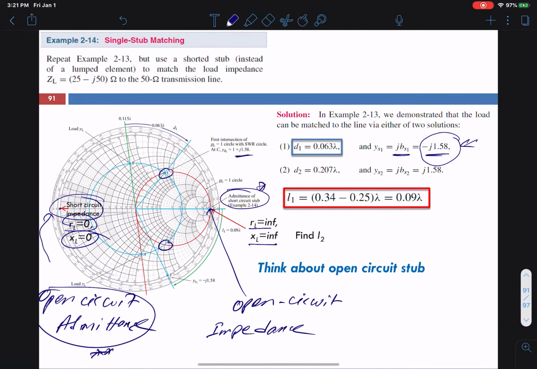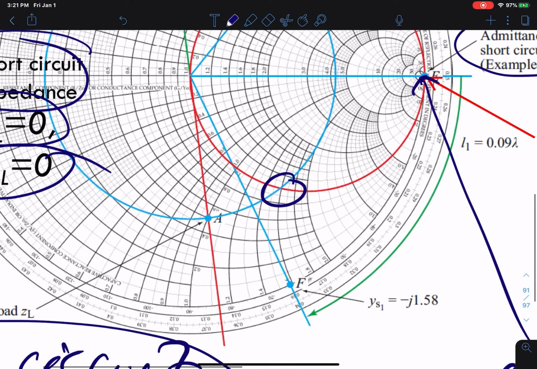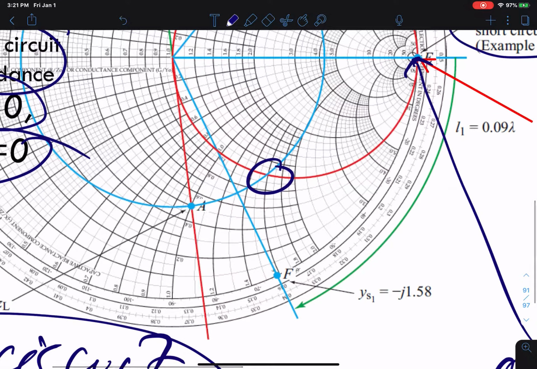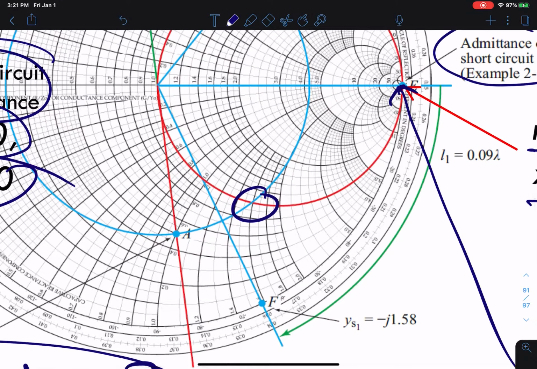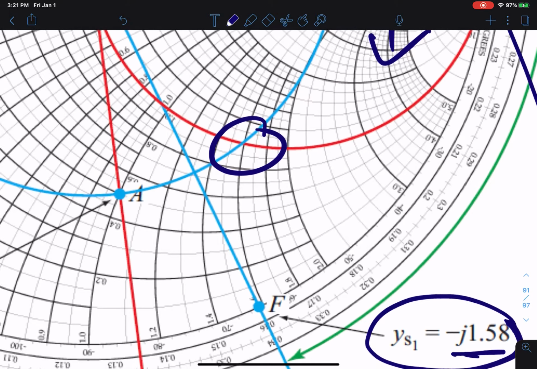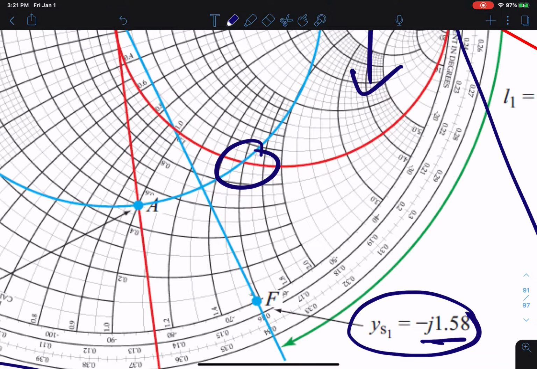If you look carefully, this point over here represents y equal to negative j1.58. This is the negative part of the admittance. If you look very closely, 1.4 here, then 1.6 here, the point is negative 1.58.